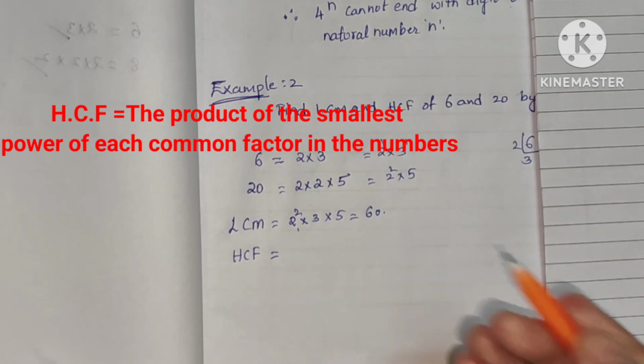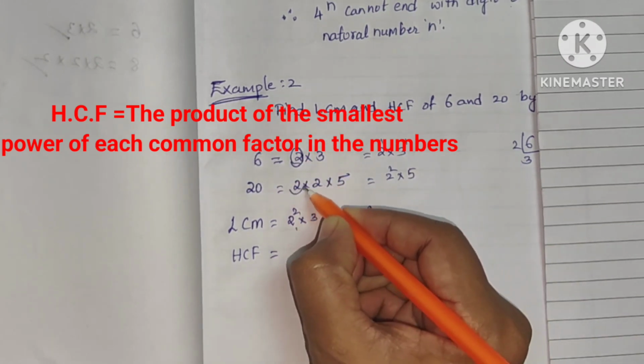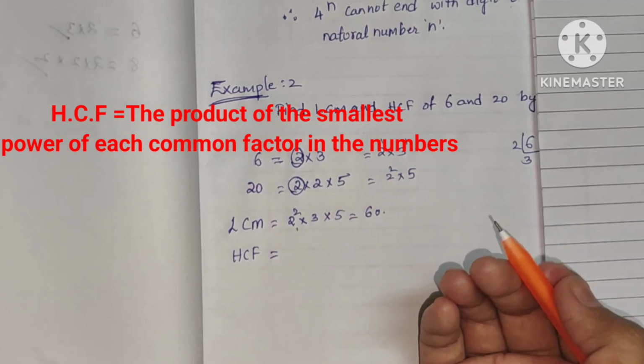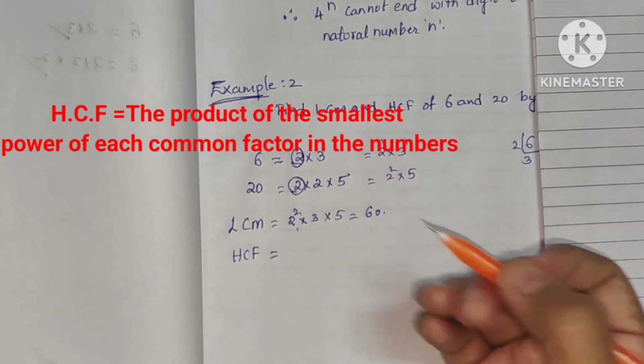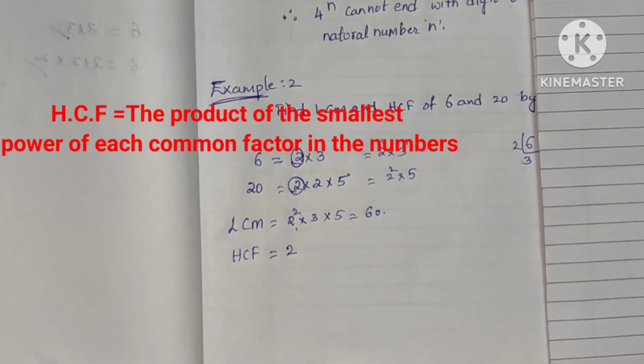For HCF, common. So what is the common prime factor? 2 only, and this is the smallest power. So the HCF is 2.